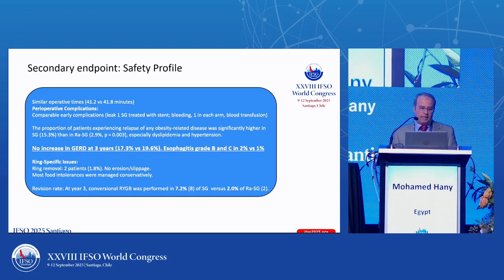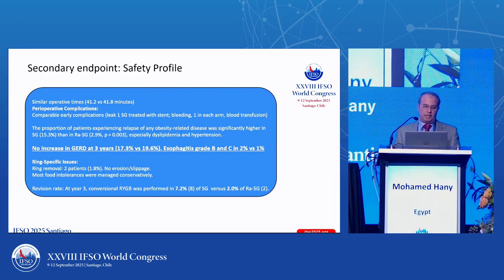For the safety profile, we have similar operative outcomes and comparable early complications. We have one leak in the standard sleeve group, treated with a stent for 6 weeks, and bleeding, one in each arm. The proportion of patients experiencing relapse of any obesity-related disease was significantly higher in the standard sleeve group.